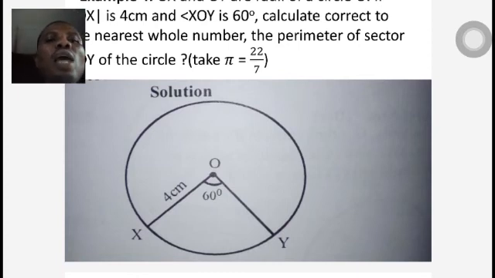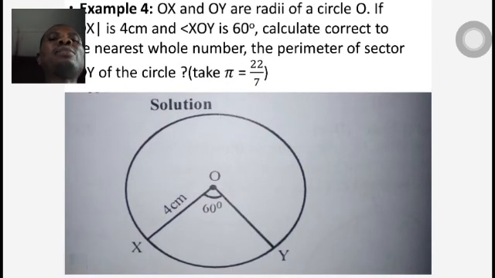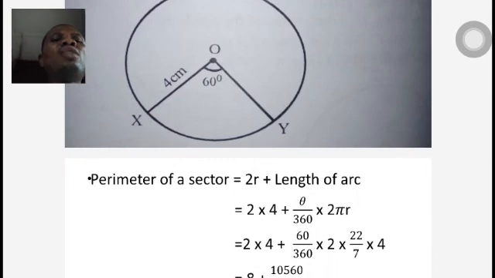We have XOY, that is the sector now. The angle subtended at the center is 60 degrees, and the radius of that circle is 4 centimeters each. So radius OS is equal to radius OY, 4 centimeters each. Now, to find the perimeter here, we have 2r plus the length of an arc, and the radius you are given here is 4.